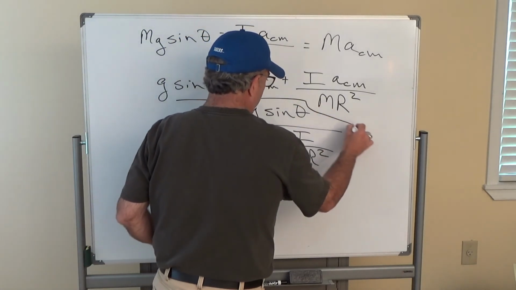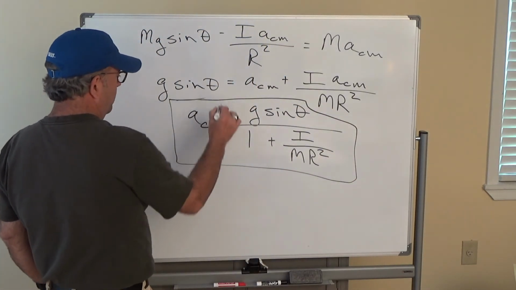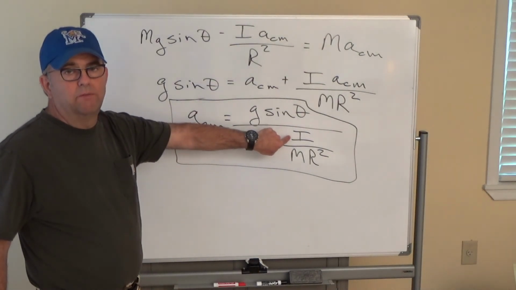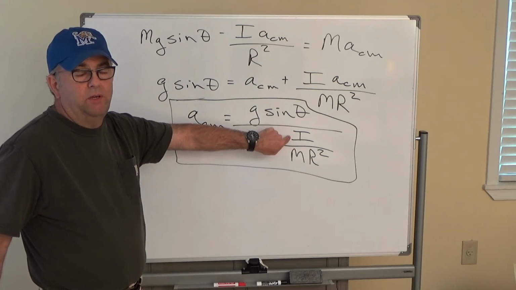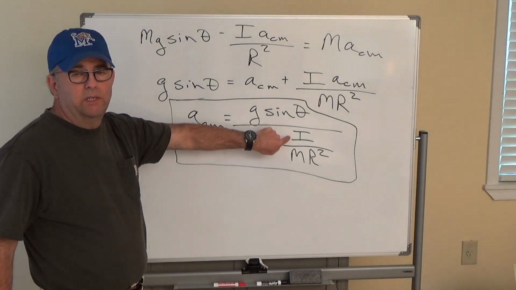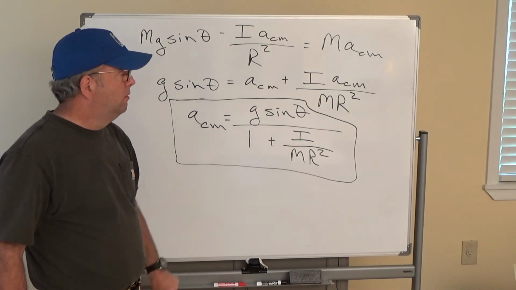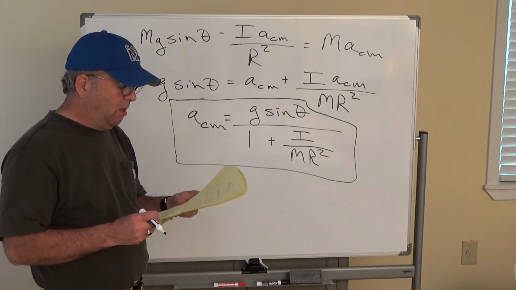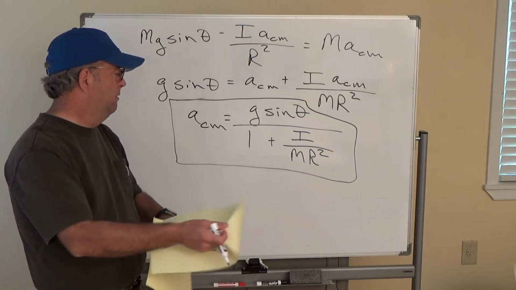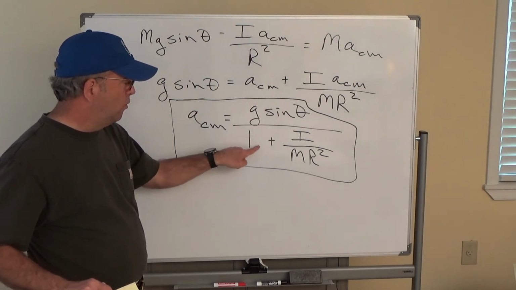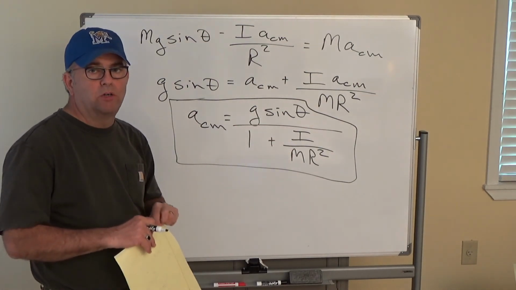That's a nice result because this is the moment of inertia of the object in general, be it a sphere, a hollow shell, a disc, a ring, a hoop, whatever it is. So for the acceleration along an inclined plane, that's it: g sin theta over 1 plus I over m R squared.